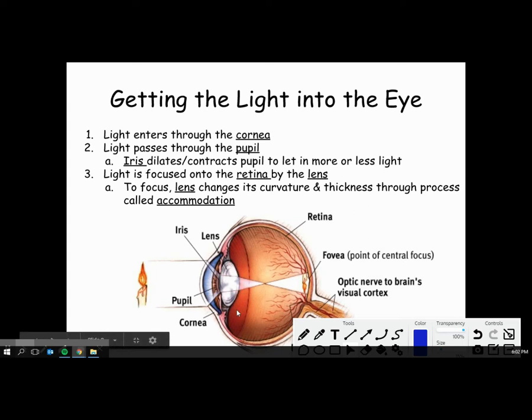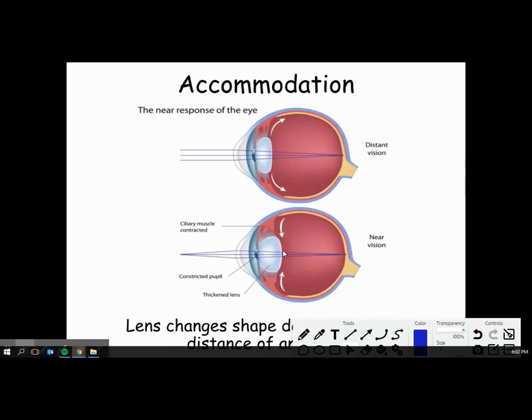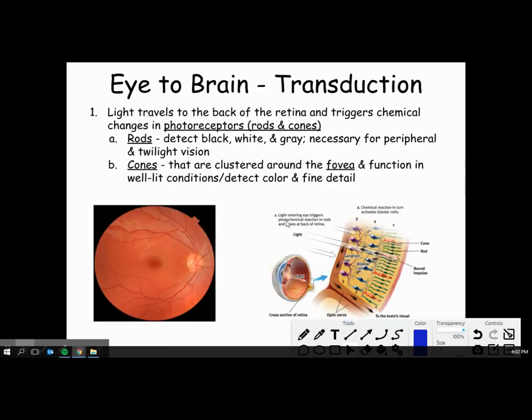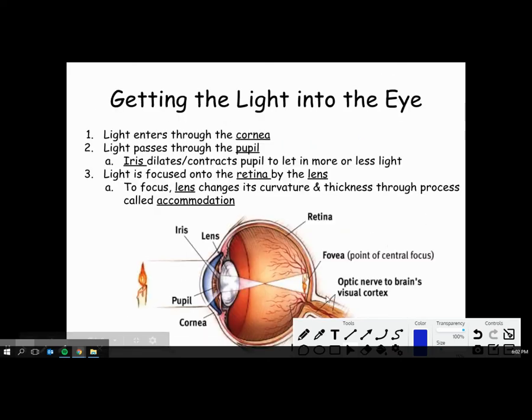Because of the shape of the lens, it flips that image upside down. When that light travels to the back of the eyeball, the retina, it is flipped upside down like you can see right here.